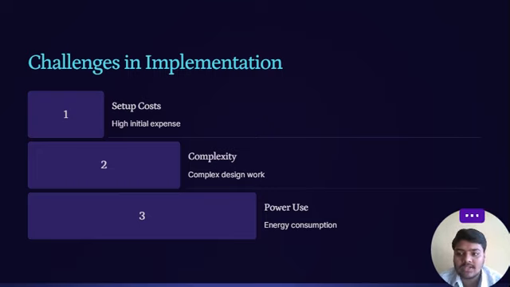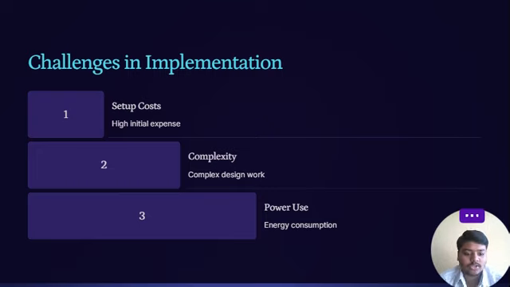Our next slide is challenges in implementation. Challenges in implementation are mainly three. First one is setup cost, a high initial expense. Second one is complexity. That means complex design work. Third one is power use, energy consumption.